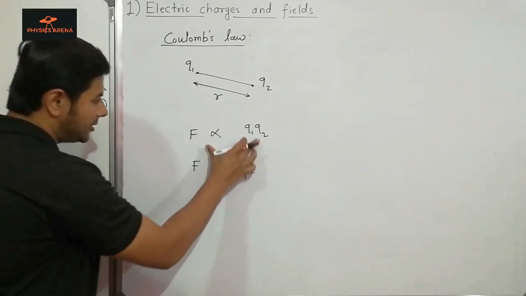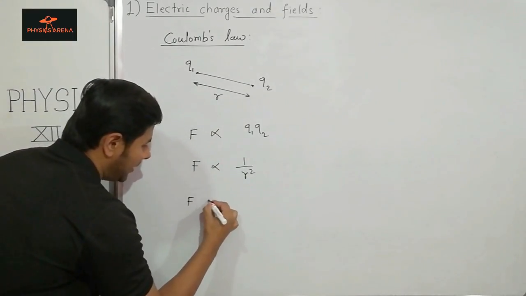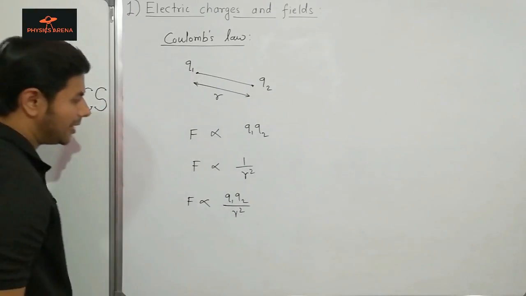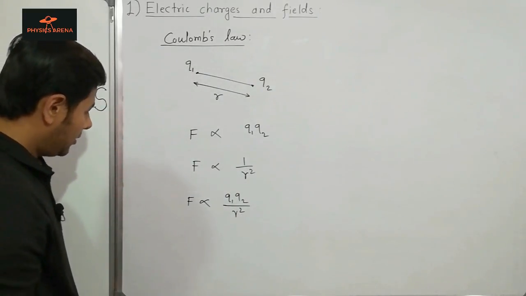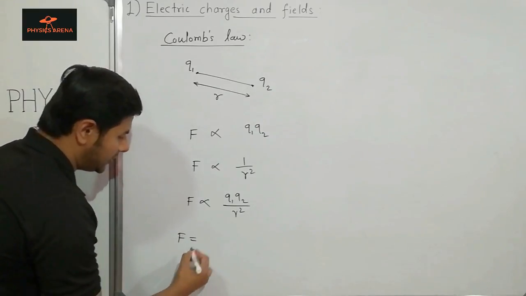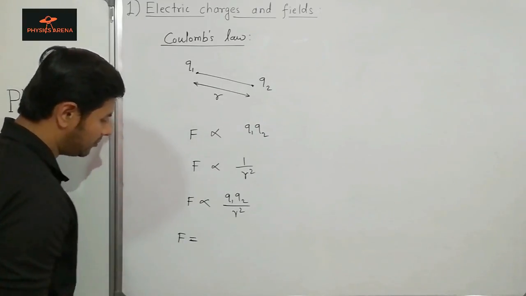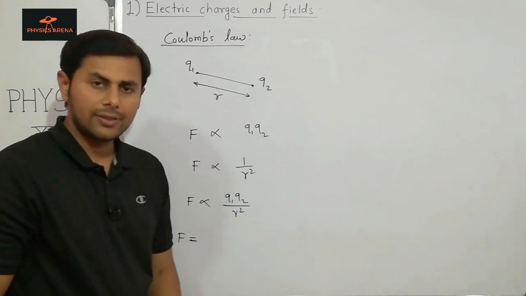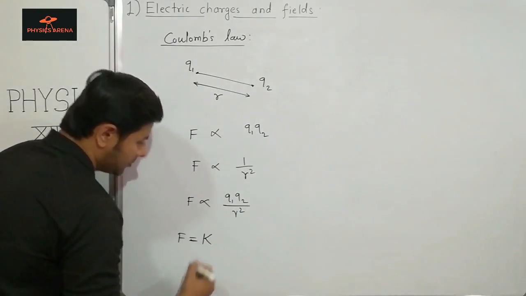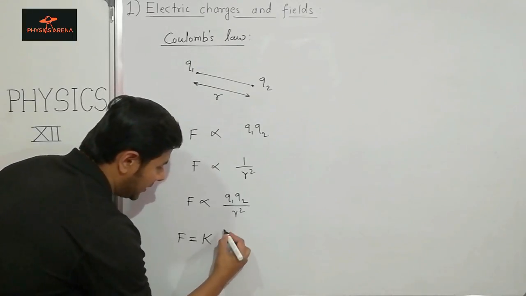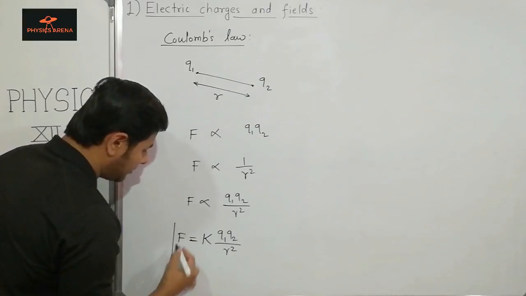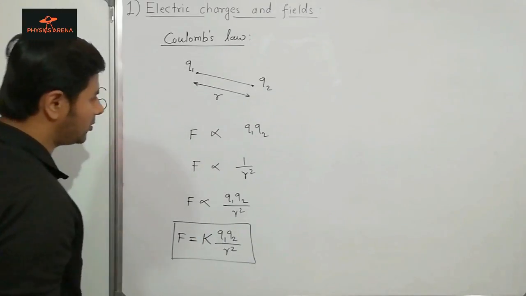Let us combine these two. We can write F is proportional to Q1 Q2 divided by R squared. If we remove the proportionality sign and put an equality sign, then we'll need a constant, which we'll call K. So F equals K times Q1 Q2 divided by R squared. This is Coulomb's law.